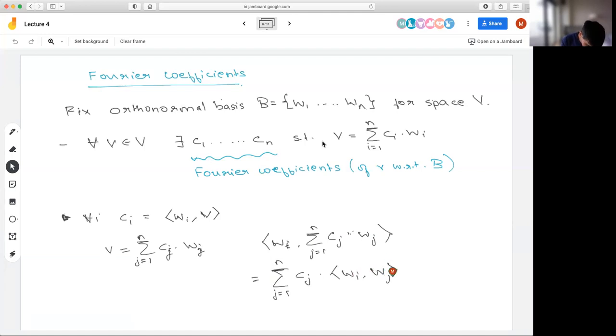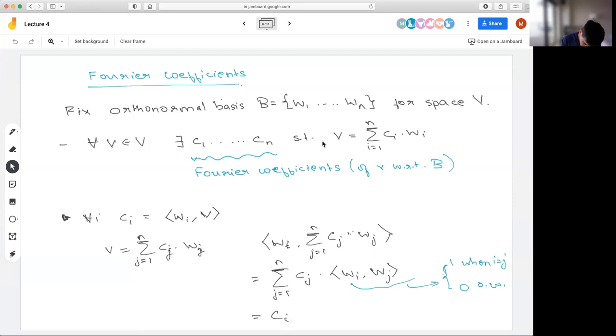And it's the same property again, that this is equal to 1 when I is equal to j and 0 otherwise, because the W's form an orthonormal set. So the only term that survives is when I is equal to j, and that's Cj.